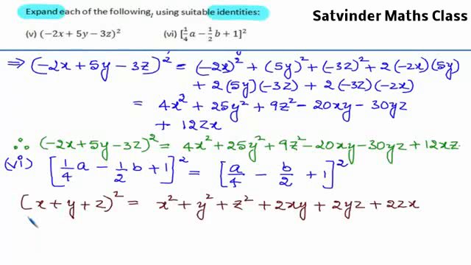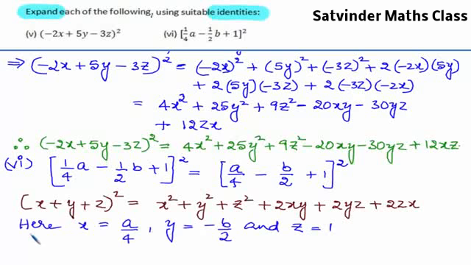To expand the above expression, we shall use the identity x plus y plus z whole square is equal to x square plus y square plus z square plus 2xy plus 2yz plus 2zx. You have to remember this. Now, on comparing the identity with the given expression, we have x equal to a by 4, y equal to minus b by 2 and z equal to 1.